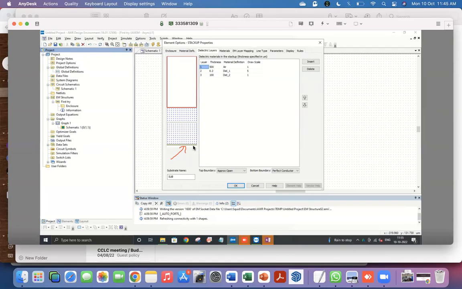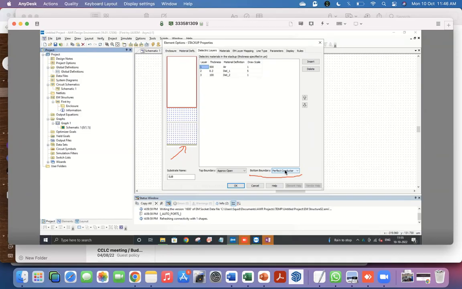This is essentially controlled by this quantity called the bottom boundary, and currently it's set to a perfect conductor. What this refers to is that the substrate has to sit on some, usually metallic, surface, or it could be open. You might have a coating of metal, or you might have no coating, and if it's free-hanging, then it could be open. So you can set what that boundary condition is.